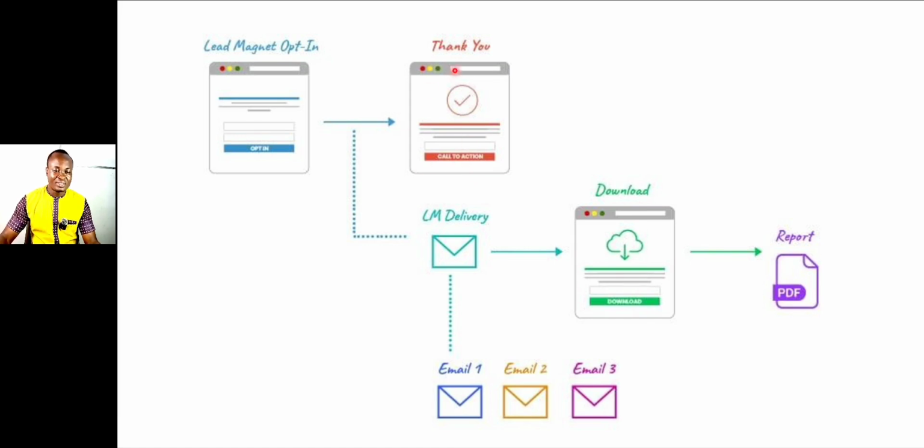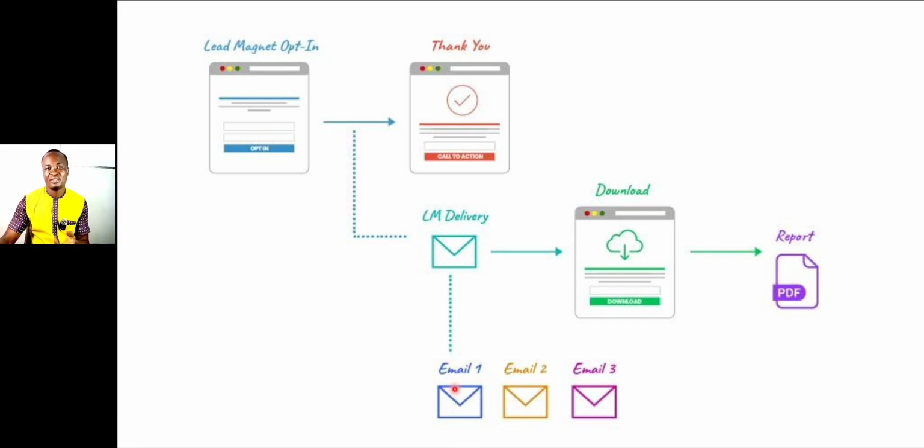At the same time, they are also getting an email that delivers the lead magnet, right? The lead magnet can be a cheat sheet, a checklist, an ebook, a free webinar, or even a free tutorial, right?